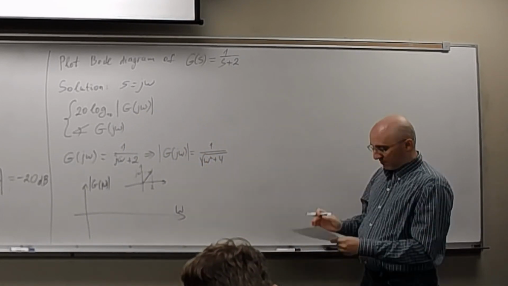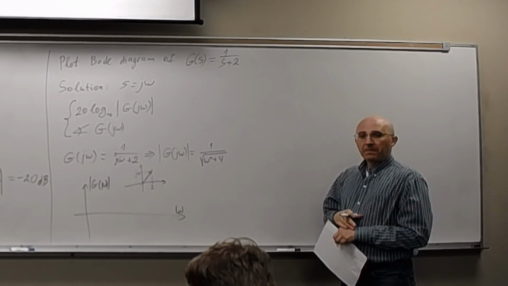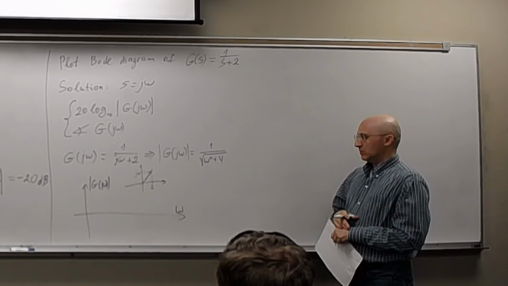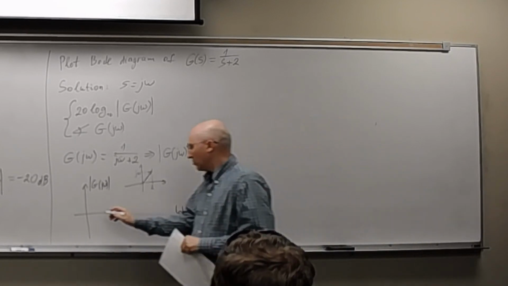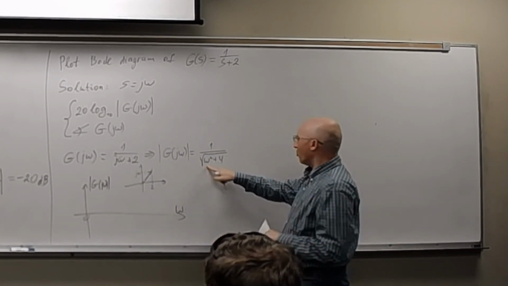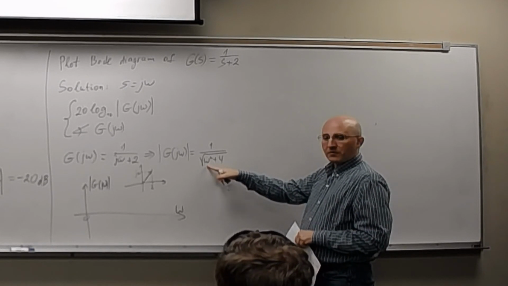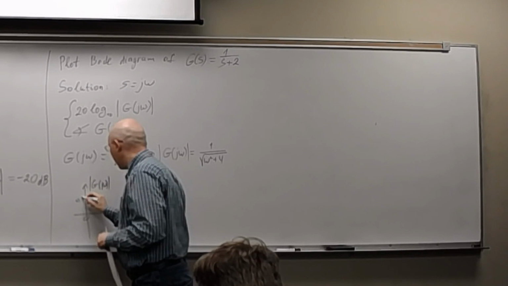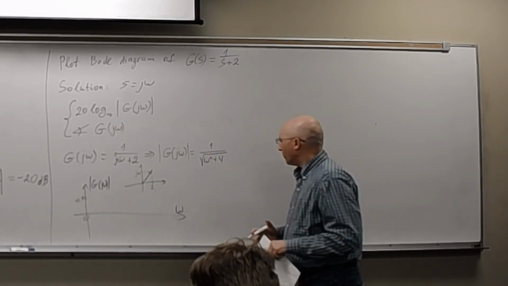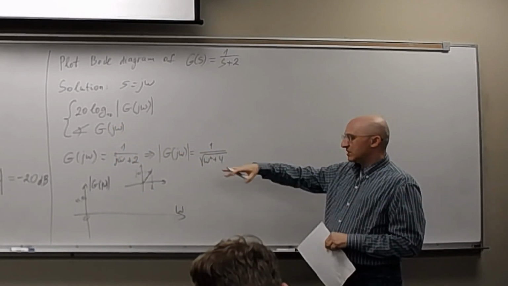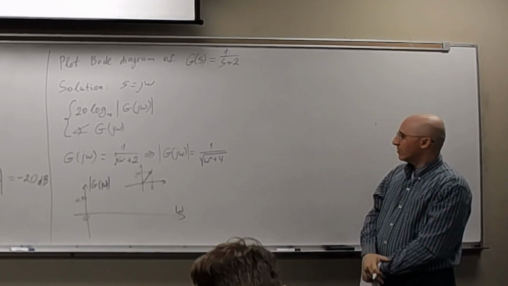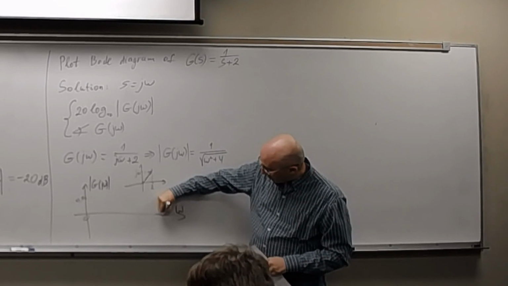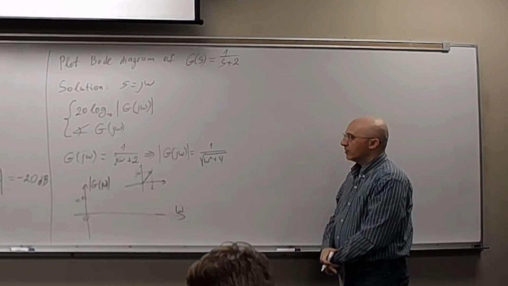Where does it start? When omega equals 0, you get 1/2. It should start somewhere at 0.5. Now, when omega is super high, where will it go? It should end up somewhere here, going almost to 0.